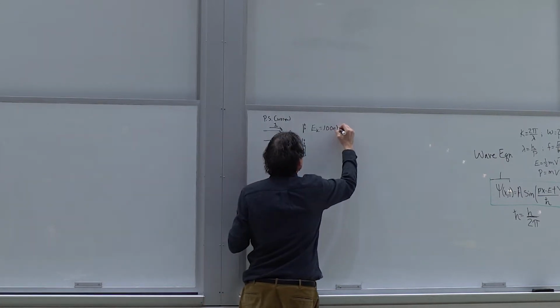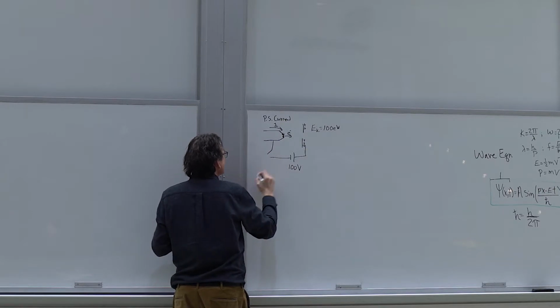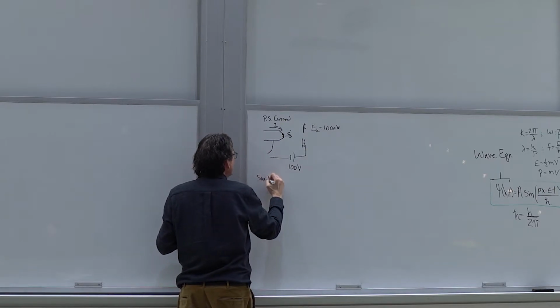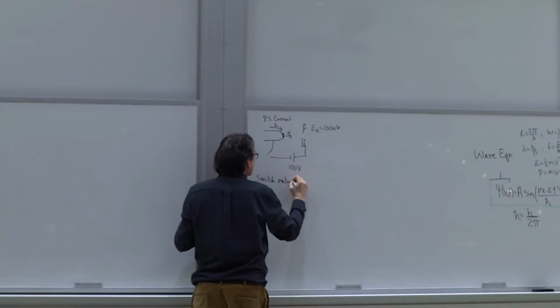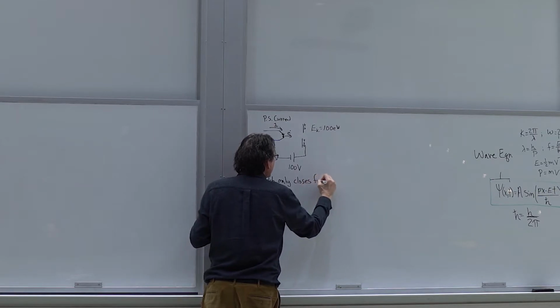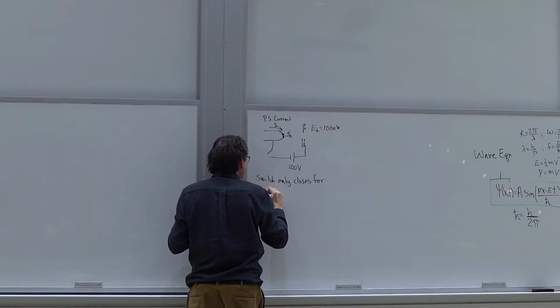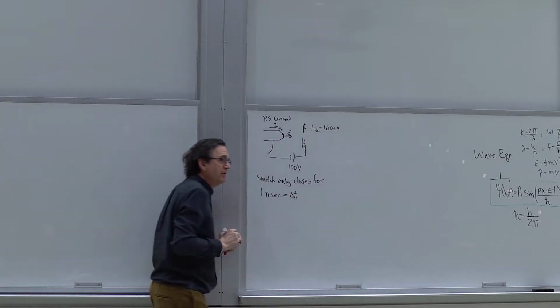Right? Now let me suppose that the switch only closes for 1 nanosecond. So let's say delta T equals 1 nanosecond, right?